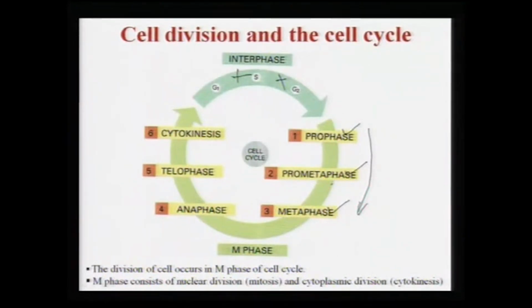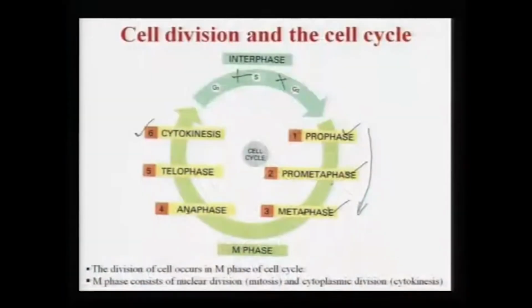So the next phase would be metaphase, then there will be anaphase, telophase, and cytokinesis. In prophase, pro-metaphase, metaphase, anaphase and telophase, the chromosomes are segregated into what will be two daughter cells. Not yet do they have daughter cells. Only when cytokinesis is completed is the cytoplasm divided into 2 daughter cells.